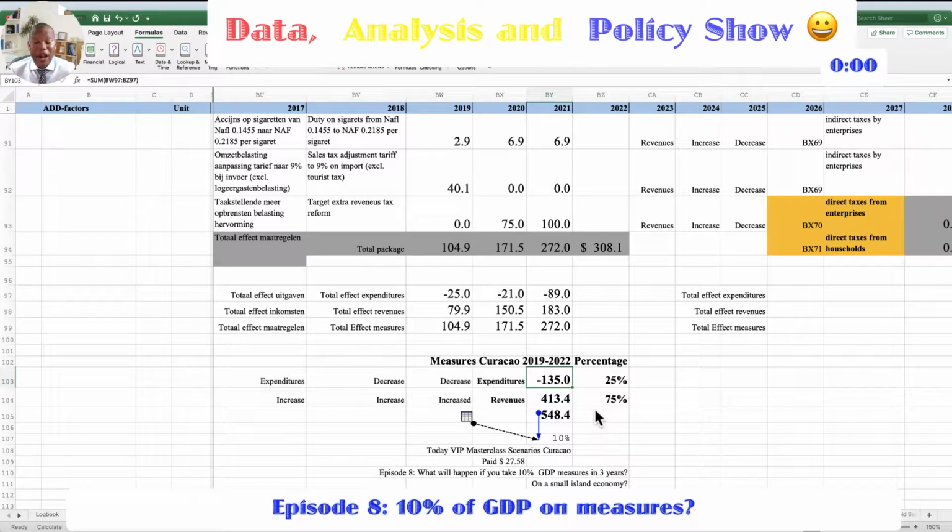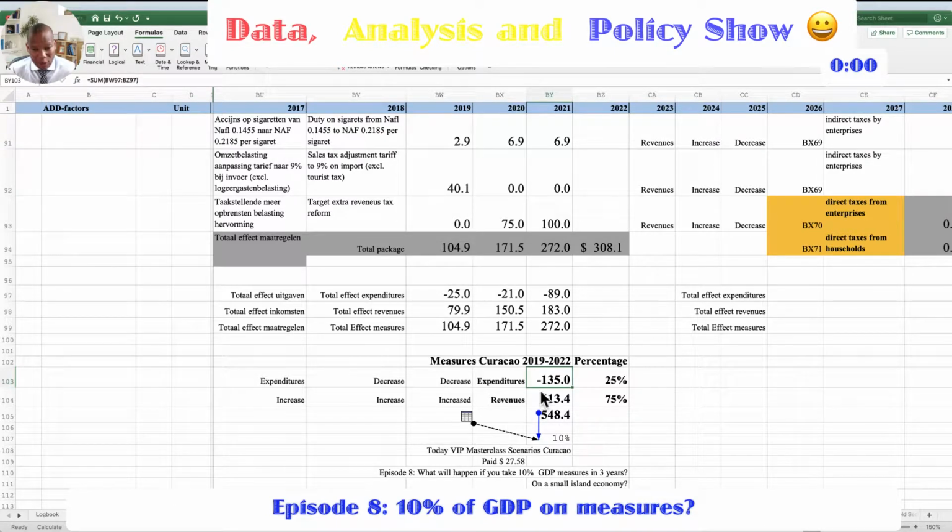If you are investing in a country and they have a huge deficit and they're only cutting the expenditures 25% and increasing the revenues, which are taxes, by 75%, type below what you think will happen to your returns.